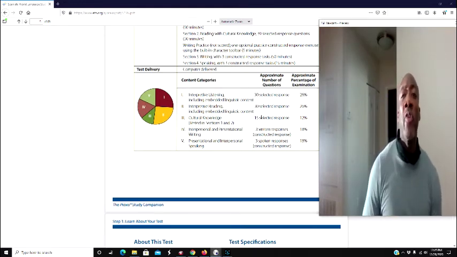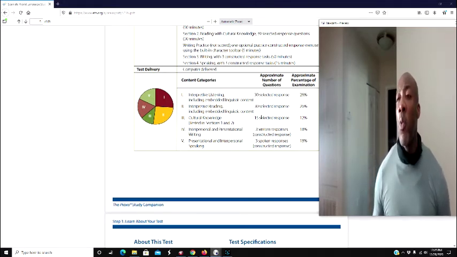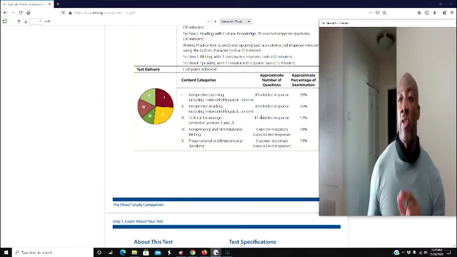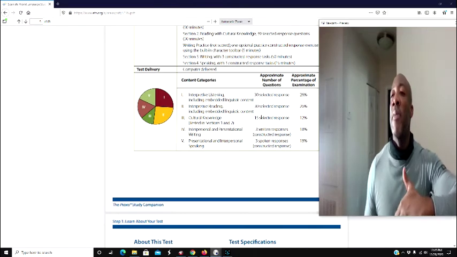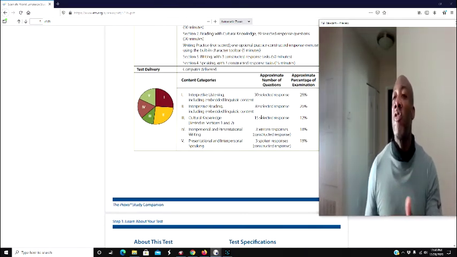Now, the interpersonal and presentational writing. Grammar. Oh, my word. Grammar. Number one, start reading business letters in Spanish because you're going to need it. Also, go online and find educational letters, like letters in Spanish that teachers have submitted to parents or administrators have submitted to teachers.